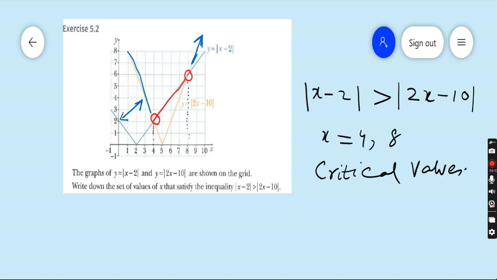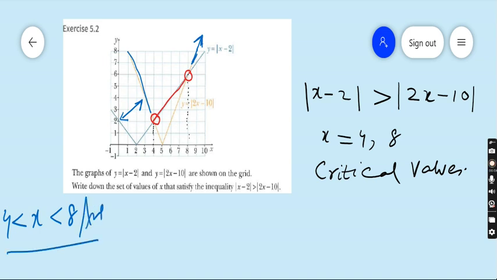So only this part, the red one, is the part where modulus x minus 2 is greater than modulus 2x minus 10. So the answer is x from 4 to 8. Sorry, x is greater than 4 and x is less than 8. So this is the final answer.